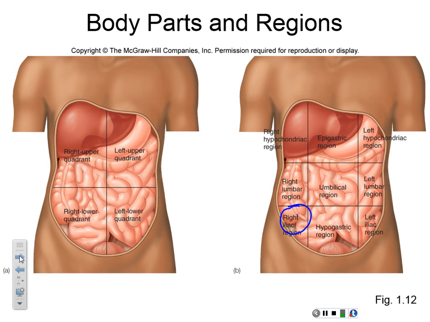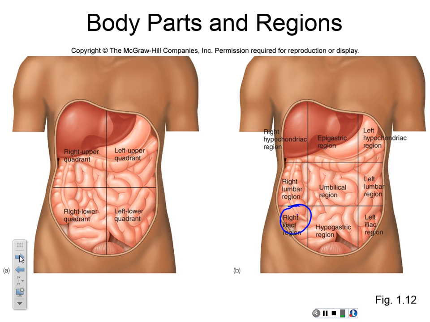So this is the lumbar region, named after the lumbar vertebrae. The lower back is the lumbar area. In the right lumbar region, you have the colon. If they're going to do a colonoscopy or whatever, you need to know what's under each of these quadrants. The hypochondriac region is up above here, and most of it is the liver.